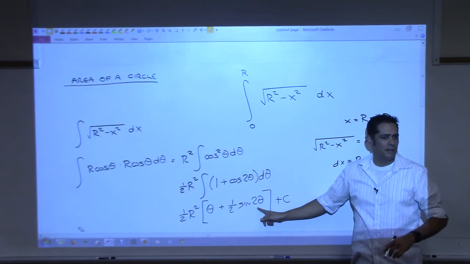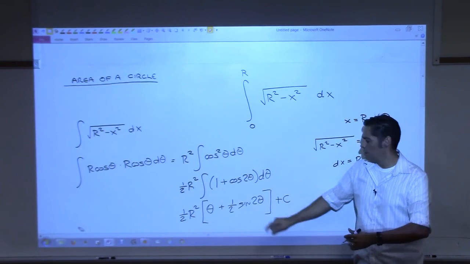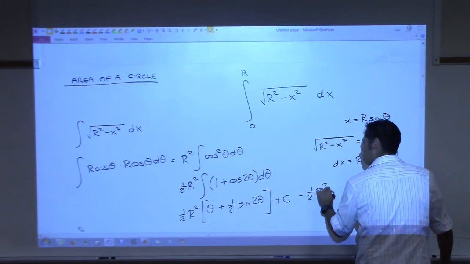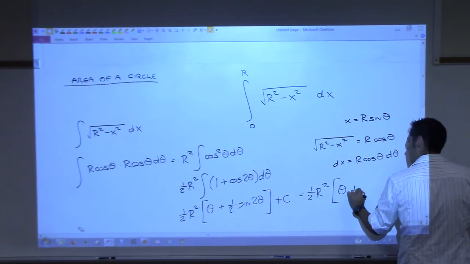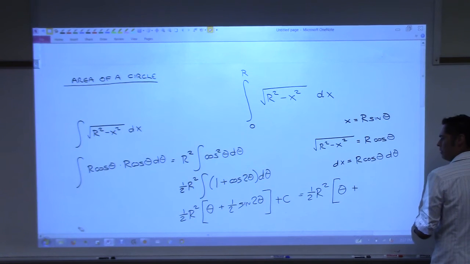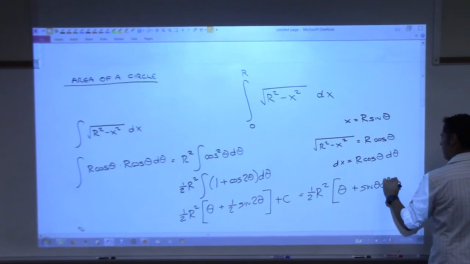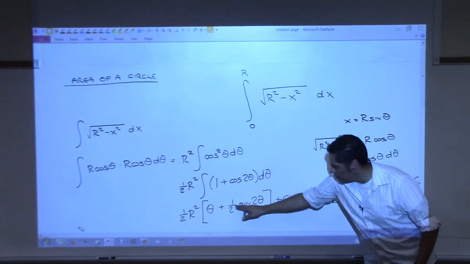Sine 2 theta, double angle identity, that's 2 sine theta cosine theta. So this becomes 1/2 capital R squared. We've got theta. We've got what here? Just sine theta cosine theta. Good. Plus c. Right? Because the 1/2? Okay.